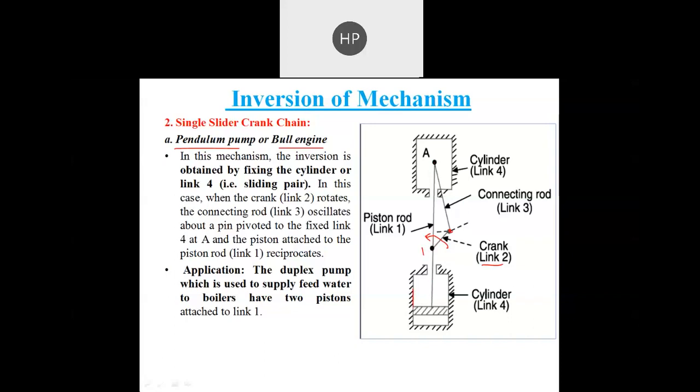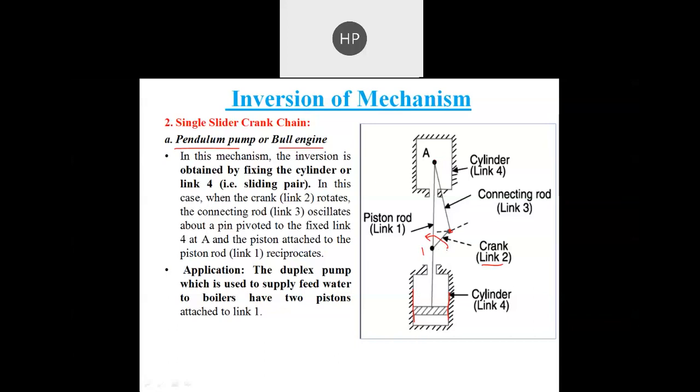So as we talked earlier, it is a 4 bar mechanism. So in that one, we have 4 pairs. Out of that, these 3 are turning pairs, while this one is a sliding pair.